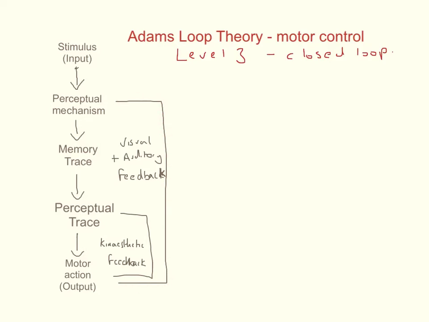It's a much longer feedback loop, and it will take a little bit more time to adjust. So that's what we're going to put here. So our first point would be longer feedback loop, which means it takes longer to adjust movement.